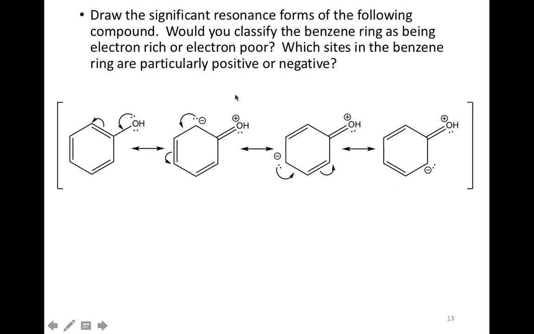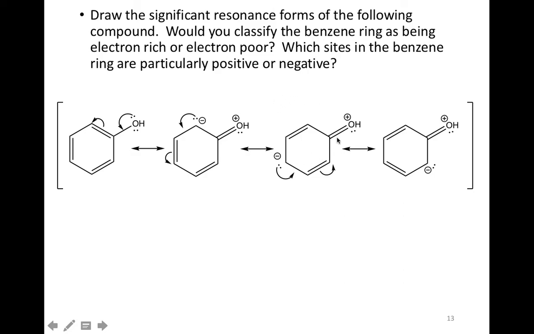And so to answer the question, is the benzene ring electron rich or electron poor, I can see in these 3 resonance structures that we have a negative formal charge on these carbons in the benzene ring, and so I would think that the benzene ring is going to be electron rich for this molecule.